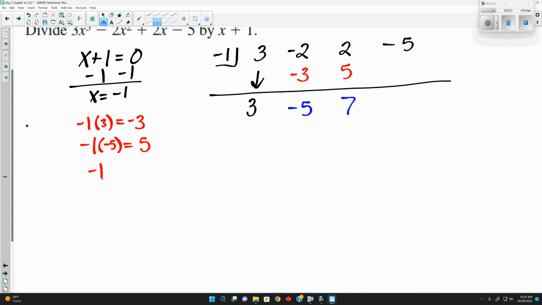Then we would do -1 times 7, which is -7. Then we would add straight down, which in this case is not 0, it is -12. And we box it, which tells me -12 is the remainder.